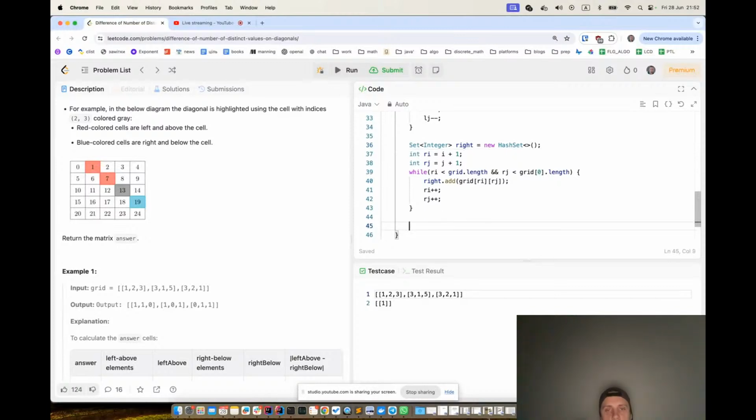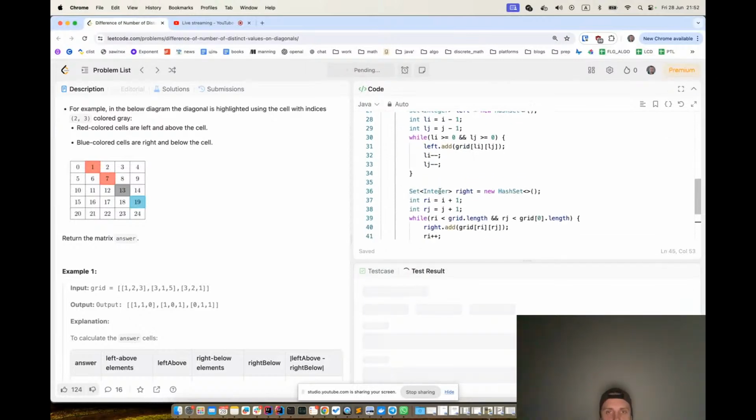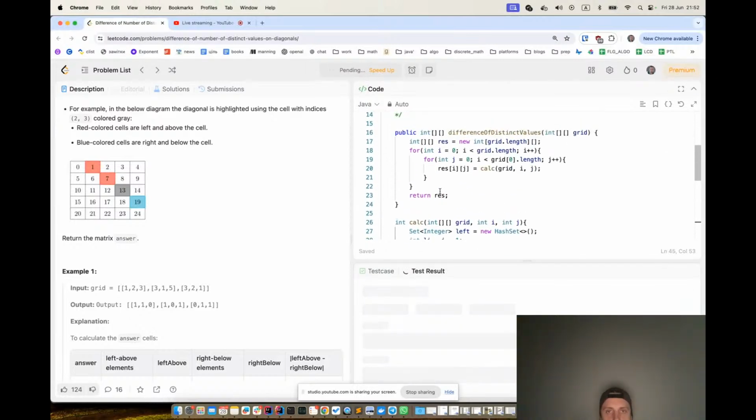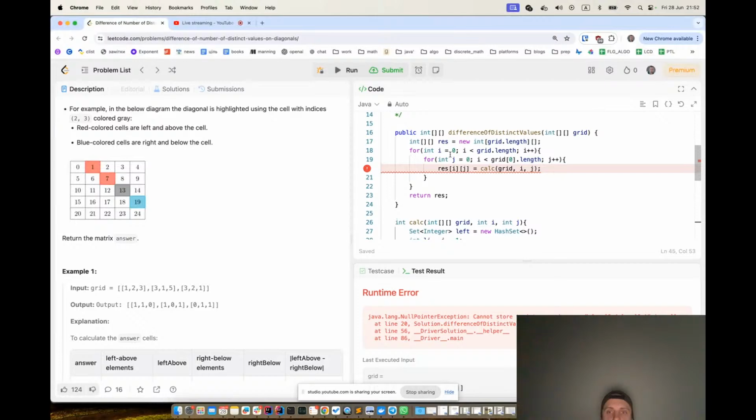And after this, we just return left size minus right size, and all this we cover with absolute value. And let's check. Okay, so we see here is null, so it's null because in a grid we cannot strike here. So yeah, let's fix it up.